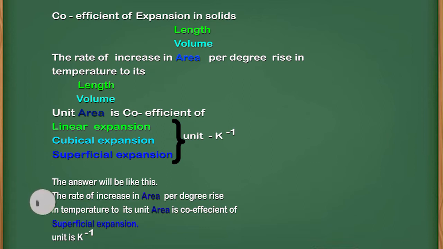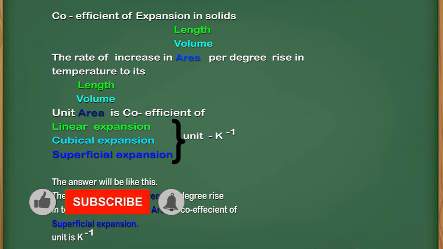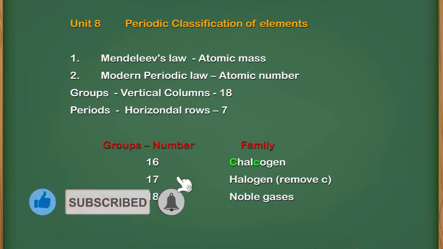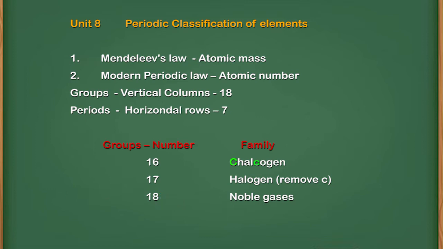The unit is K minus 1. Then next comes unit 8, periodic classification of elements. So here, in earlier days, Mendeleev stated the law that the elements are arranged by increasing order of atomic mass.